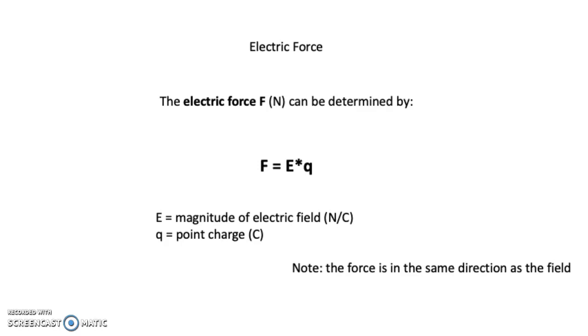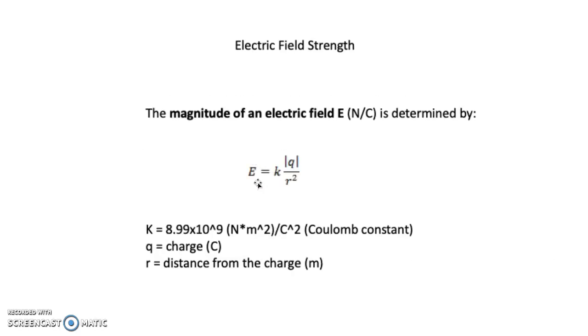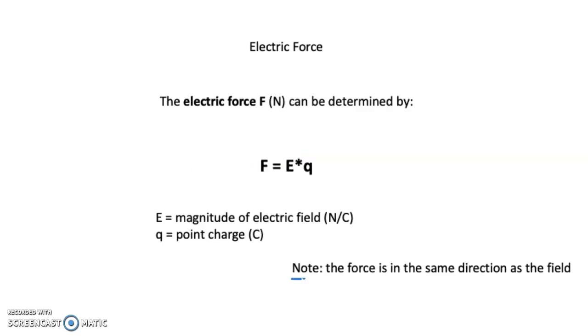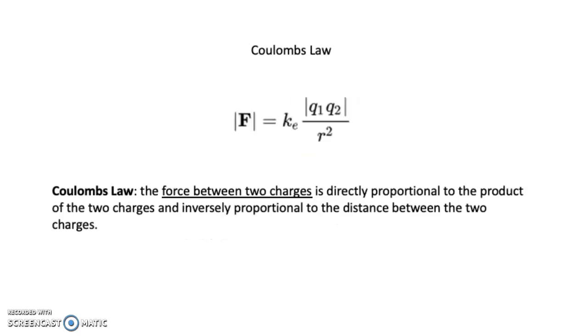So if we take the electric force equation, and we have E here, which is, remember, the electric field, we're going to plug this in for E, and that will give us this equation right here, which is known as Coulomb's law.